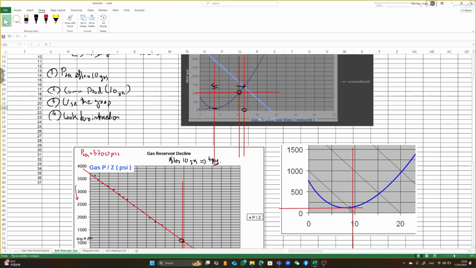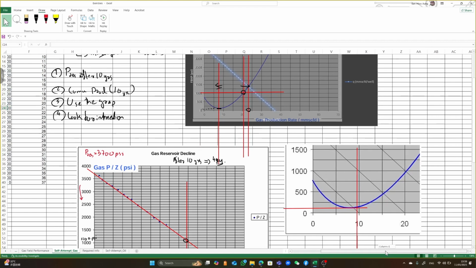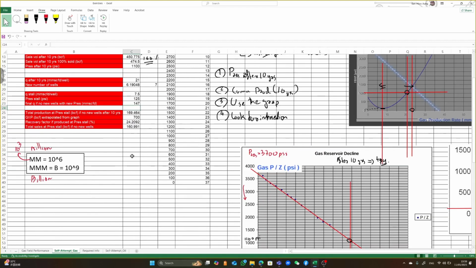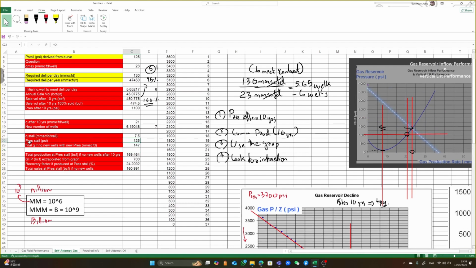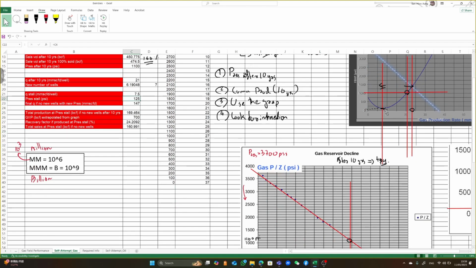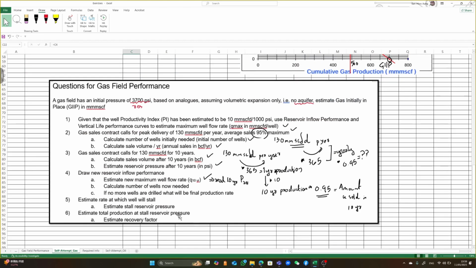If we try to extrapolate how much pressure is needed to make the well flow at the minimum rate, it is possibly around, considering this is 250, 500, 750, let's say 125. Okay, it might vary, but let's just take this number 125. Yep, the reservoir stall pressure, or the minimum flow rate over here, is 125. So we have estimated that as well.